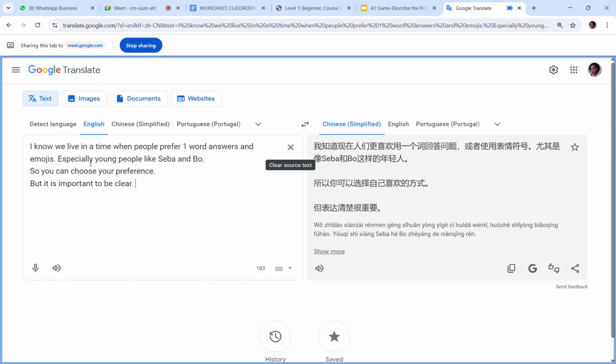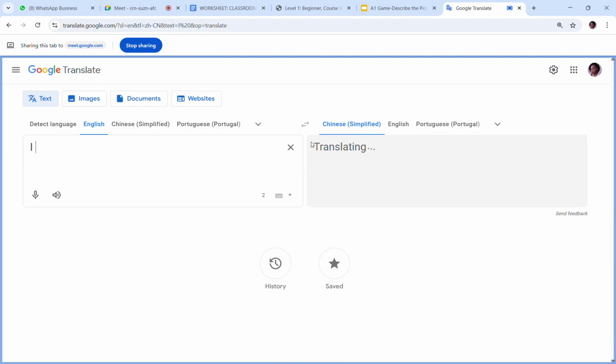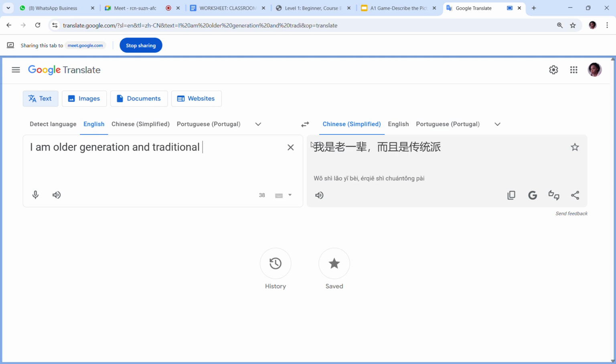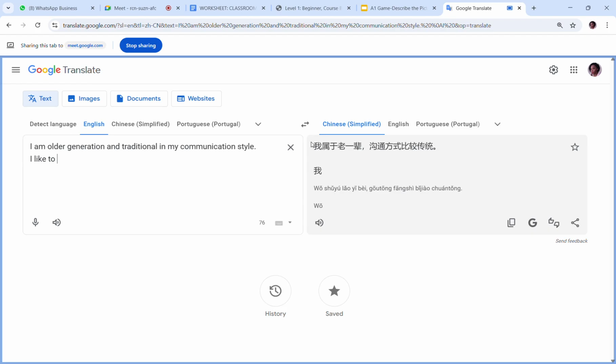So that's the point. What I was saying was that I am older generation and traditional in my communication style. And I like to know the origin of words as well, right?